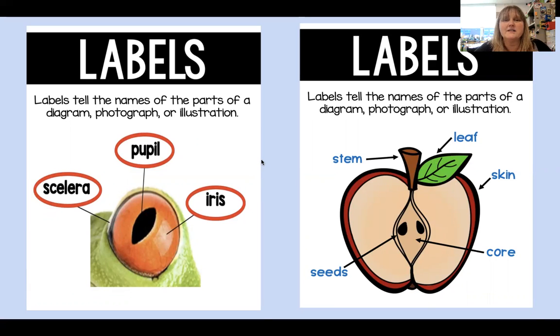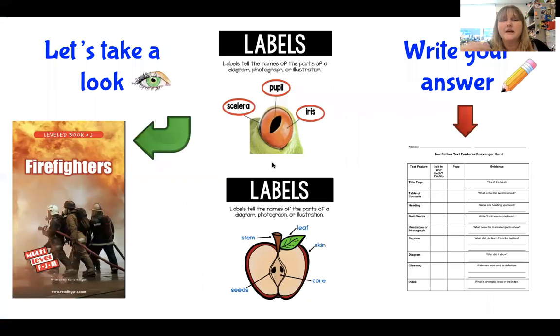So that is telling you your labels, and it goes with your diagram. Now I put a part in here to see if you can find labels, but if you found a diagram, then you found labels. And it's not on our scavenger hunt page, so we're just going to keep going.